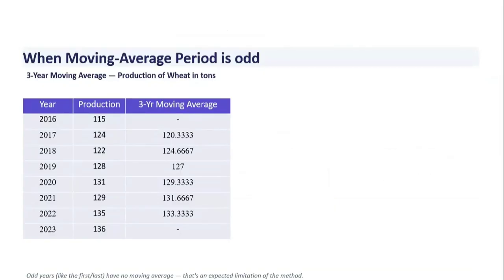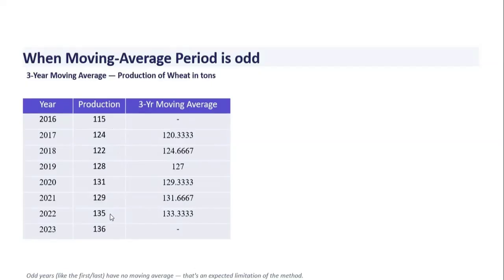Let's switch gears and bring in a fresh data set, wheat production 2023, to practice the moving average again, but this time with a 3-year window instead of 4. Same logic as before. Average each value with neighbors on either side.